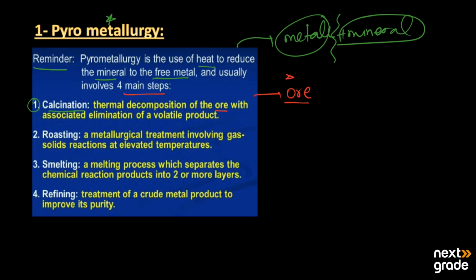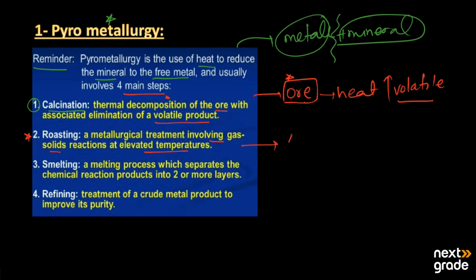Calcination is associated with the elimination of volatile products. Decomposition means when heat is provided, all the volatile material is removed in the process of calcination. Then the second step is roasting, a metallurgical treatment involving gas-solid reactions at elevated temperature.